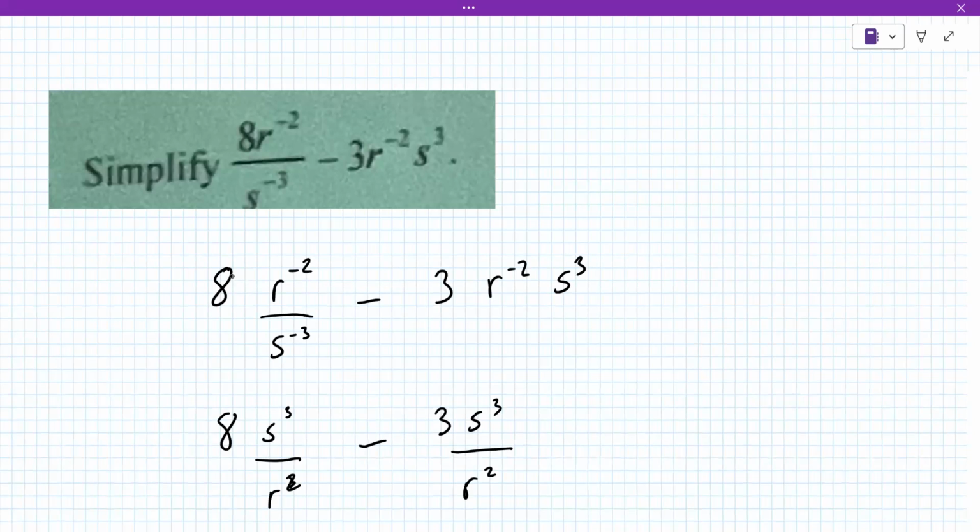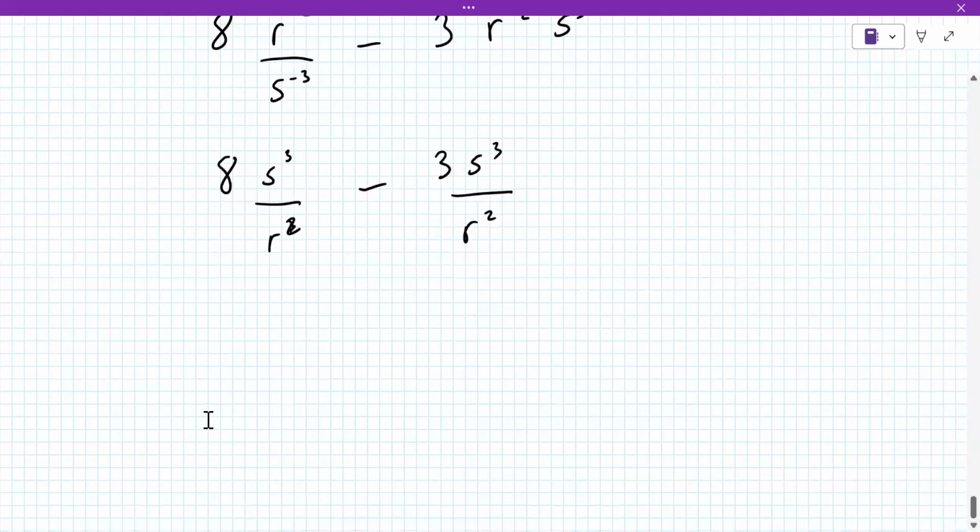Okay. And then you can simplify. Now because the bottoms are the same, you can then subtract. So it's just 5 then. 5s cubed over r squared. Yeah.